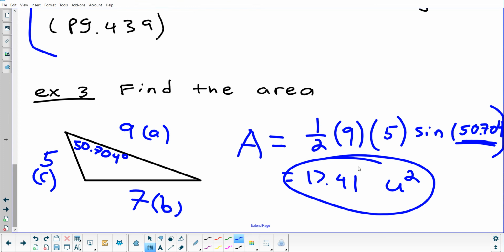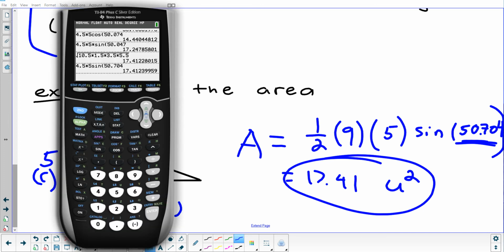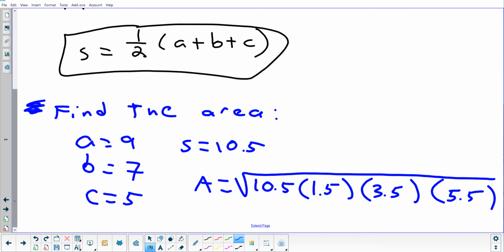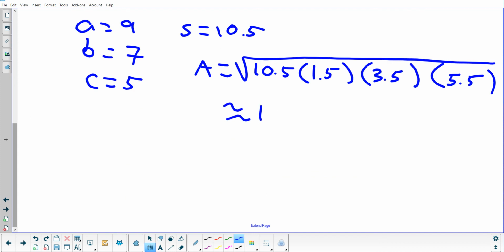And that's rounded, but when we did it with the square root, 17.41, look at that, same answer, boom. I know it's a little different, but that's because of rounding. Point is, you get the same area, and you didn't have to find the angle.